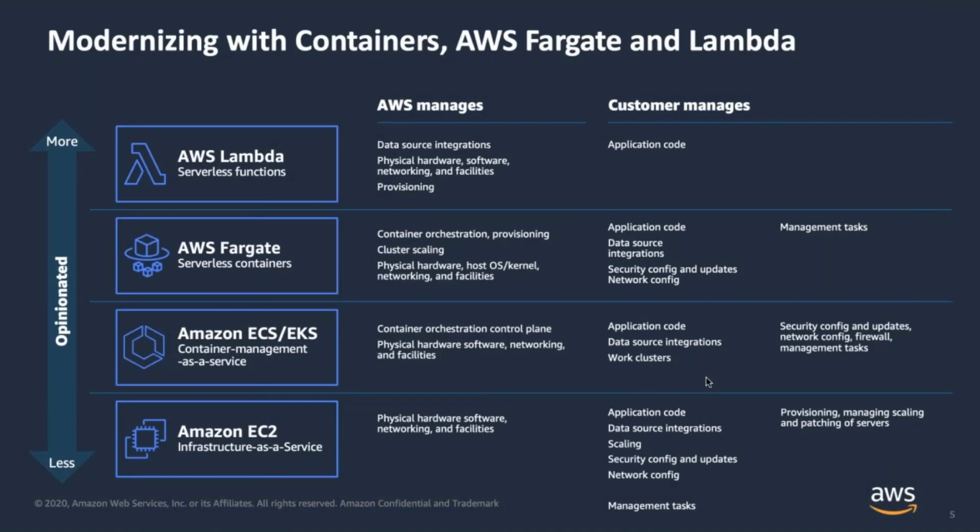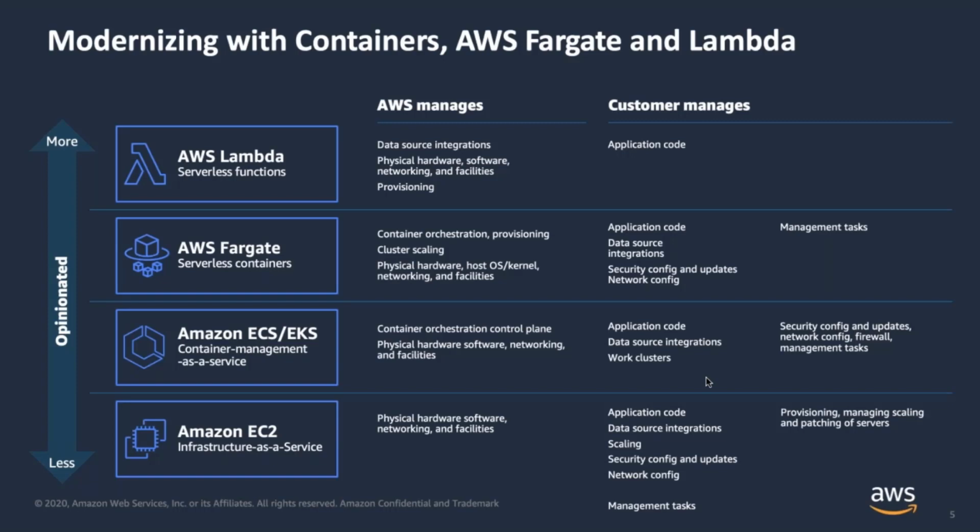Now, to modernize with AWS, customers are adopting one of our several compute services that enable the modernization of applications. And there is a continuum of how much control that you want to let AWS take on your behalf.